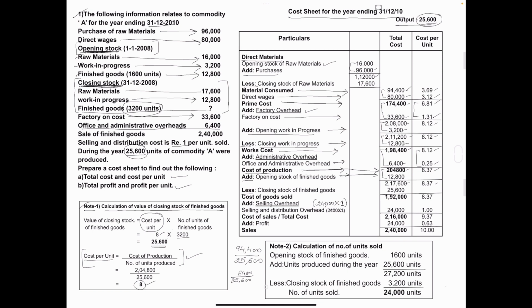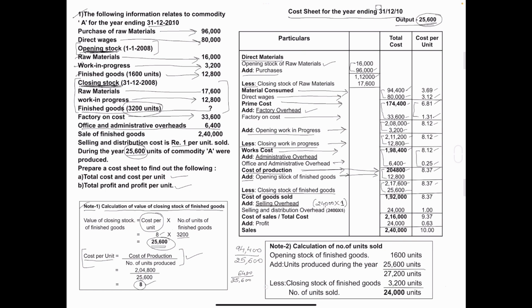So we'll come to this solution part. Less closing stock of finished goods amount is 25,600, just we have calculated. Okay, got how we have calculated this value of closing stock of finished goods.